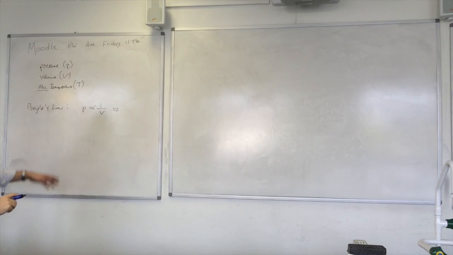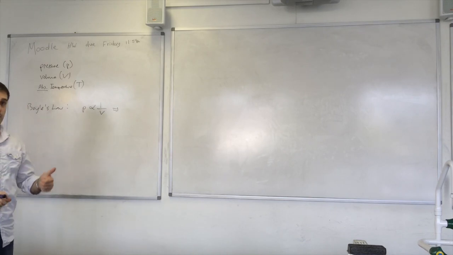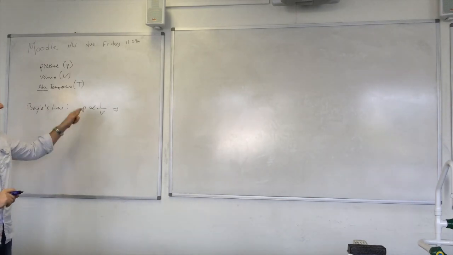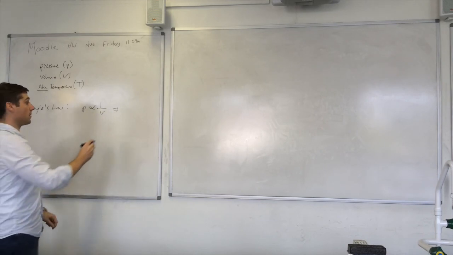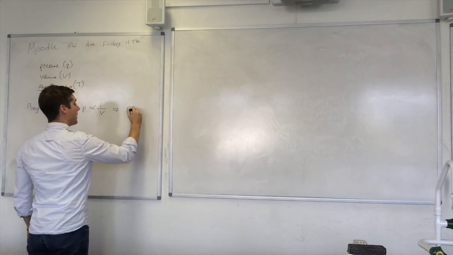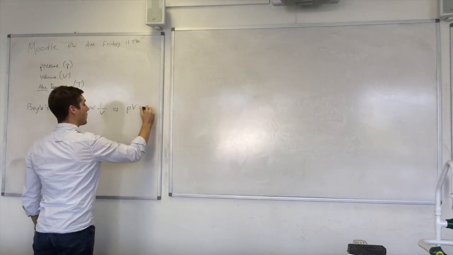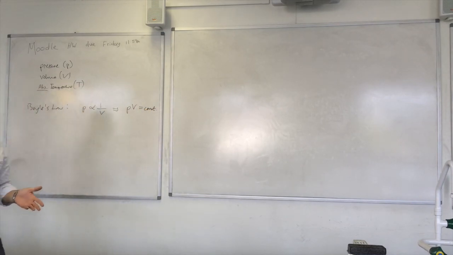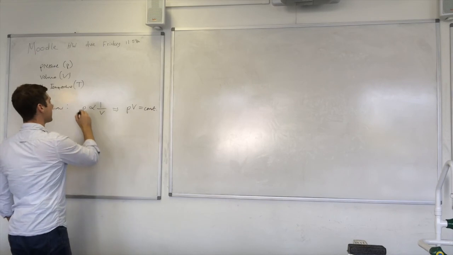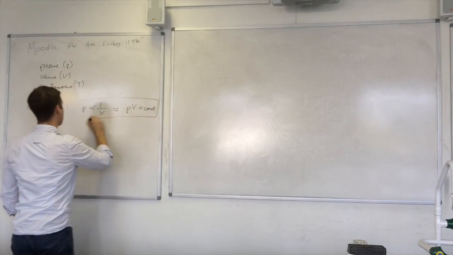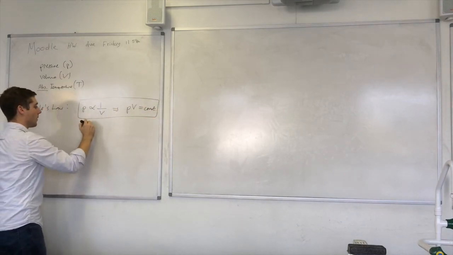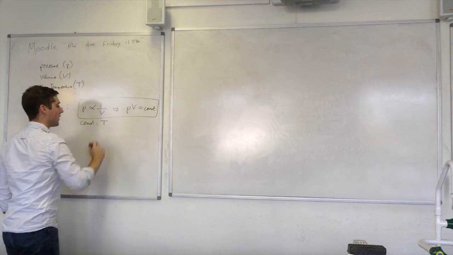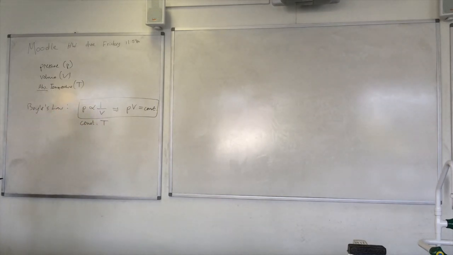Firstly, Boyle's law says that for a fixed mass of gas at constant temperature, the pressure is inversely proportional to the volume. And that means that P multiplied by V will be constant. So constant temperature.